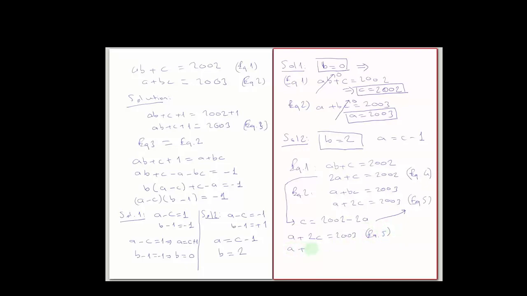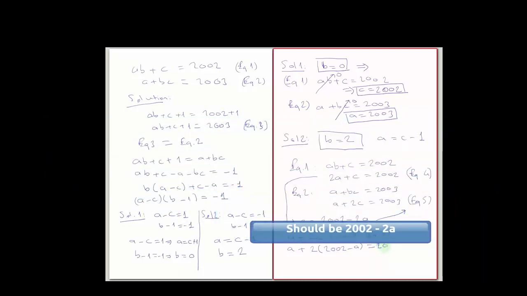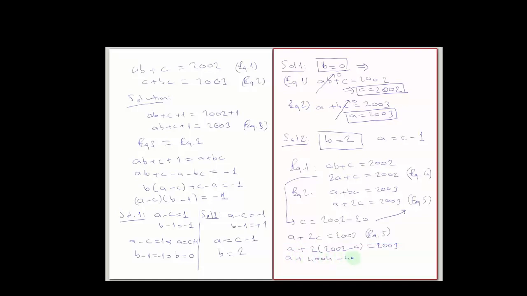And instead of C, now we can write 2002 minus 2A, equal to 2003. Then you will have A plus 4004 minus 4A equals 2003. If we arrange that, 3A is equal to 2001, and then this gives us A is equal to 667. Good. So we found variable A.